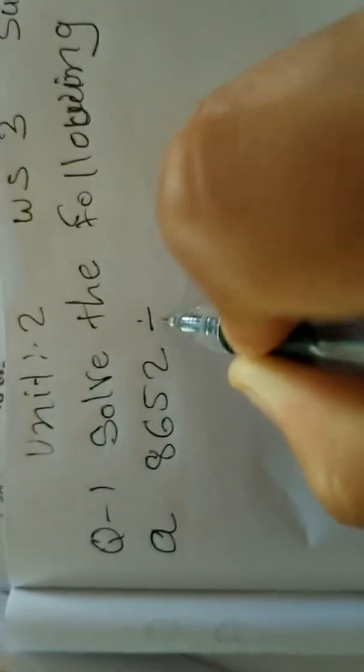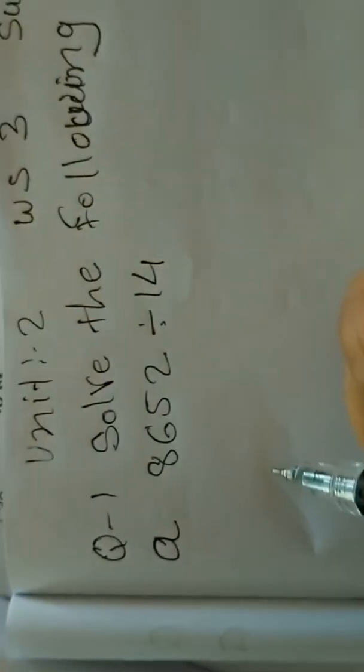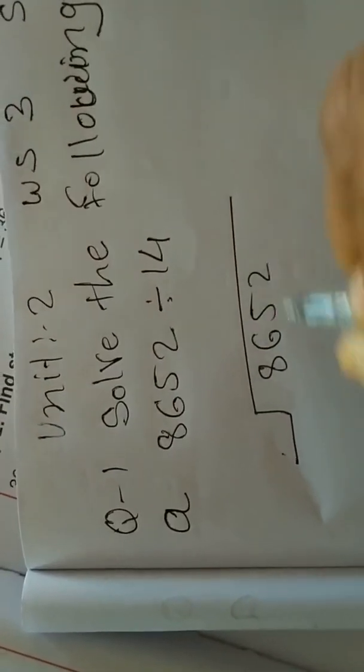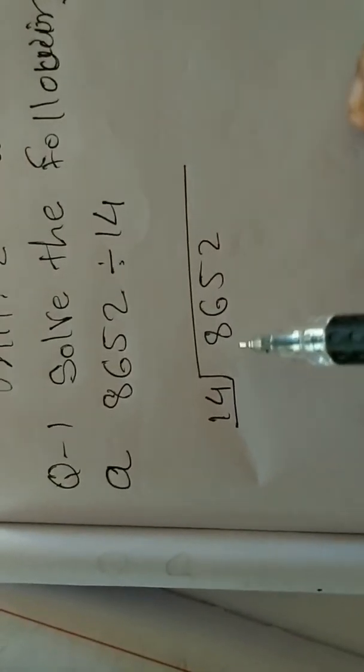The first sum is 8,652 divided by 14. So here we have to write 8,652 divided by 14. Now we'll take the 2-digit number here.